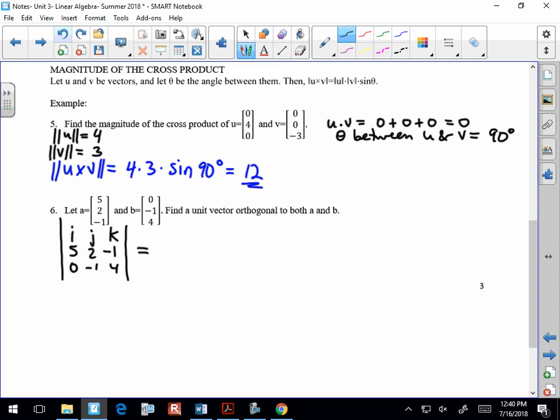Right, so I multiplied by the determinant of the matrix that results when you get rid of the row and column that i is in.